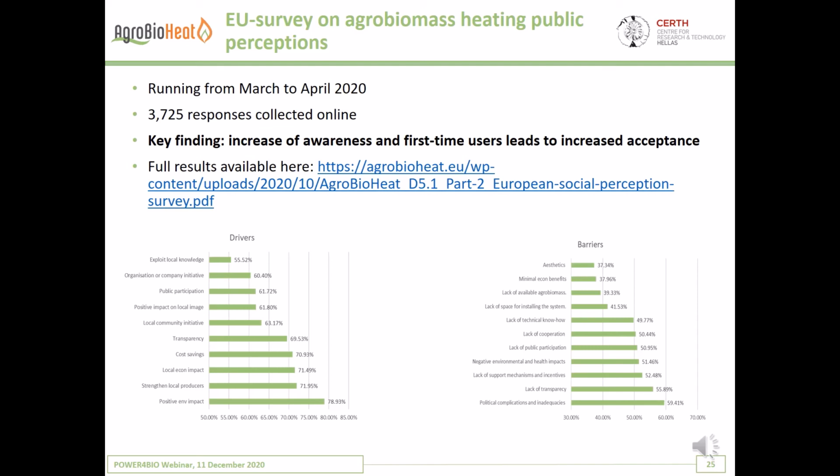We have identified drivers and barriers. You can go into much more detail in the report we have produced, but the key finding that I would like to share with you today is that increased awareness of agrobiomass heating, as well as first-time users, leads to increased acceptance. So this is essentially a snowball effect.